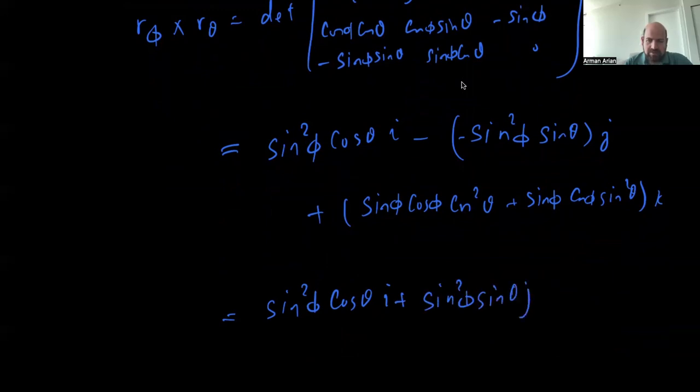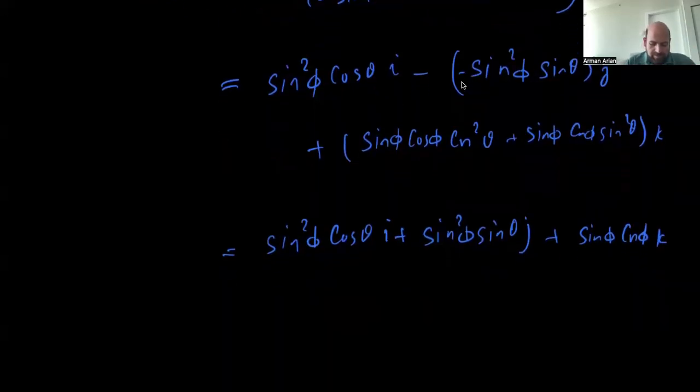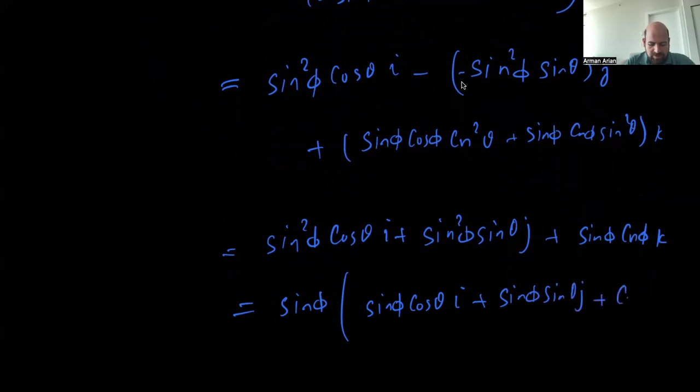And then cos squared plus sine squared is 1. So plus sine phi cos phi k. Now, there is a common factor of sine phi. We can factor sine phi out, times sine phi cos theta i plus sine phi sine theta j, and then plus cos phi k.